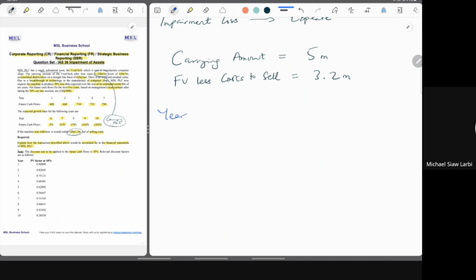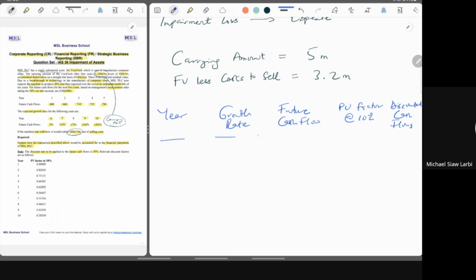We have our growth rate, our future cash flow, we have our present value factor at 10%, and this will give us our discounted cash flows, right?